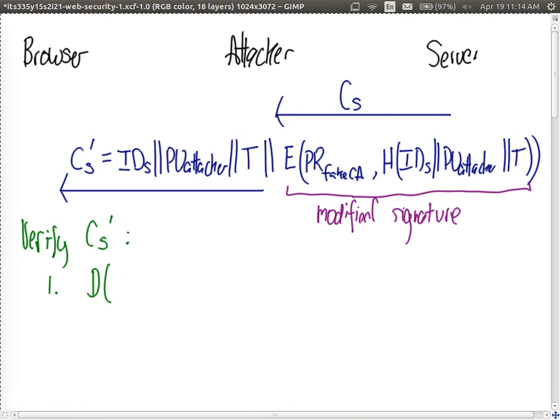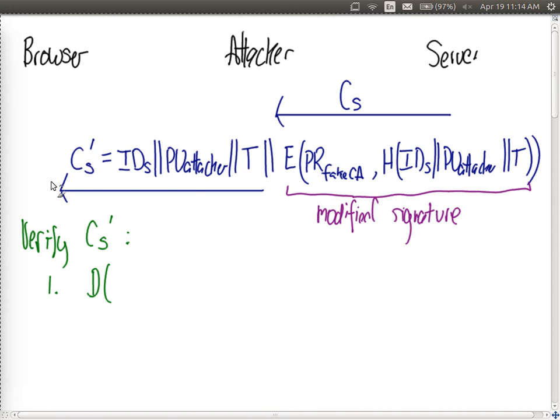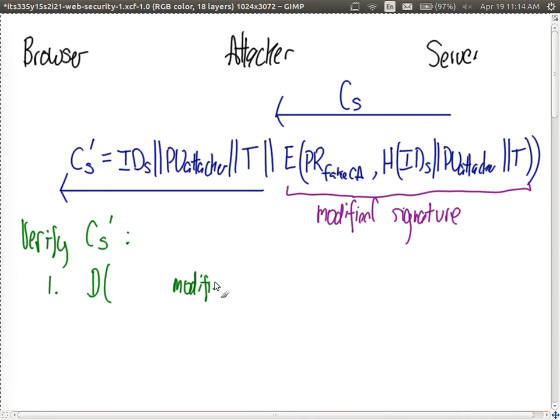So the attacker forwards this certificate onto the browser, which tries to verify it, same as the previous steps, decrypting the modified signature with what?